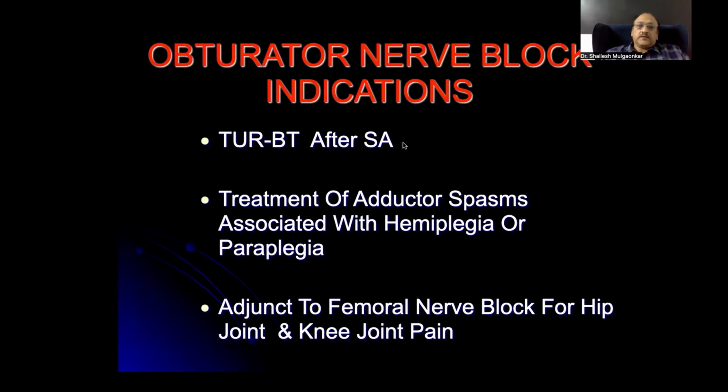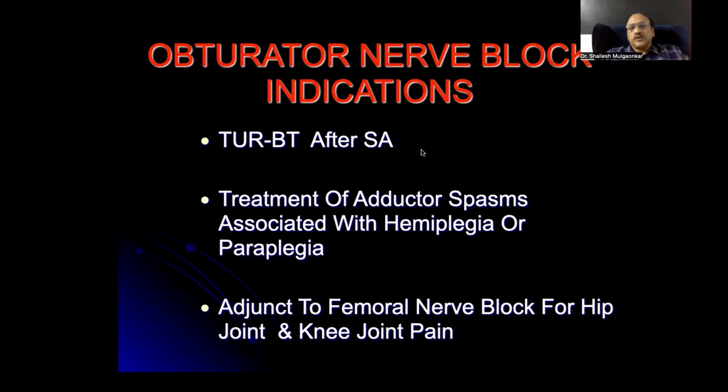For the anesthetist, the most important is TUR bladder tumor, even after spinal anesthesia, because spinal anesthesia is a central neuraxial block. The obturator nerve traverses just outside the urinary bladder.